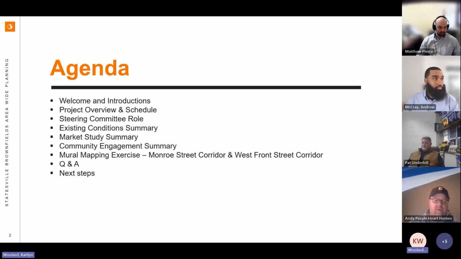mural mapping exercise, which is basically similar to the mapping exercise that we did in our first community engagement event. But we wanted to give the steering committee a chance to look at the maps with us again and start to identify some of those opportunities and constraints as we move into the actual design phase of the project.